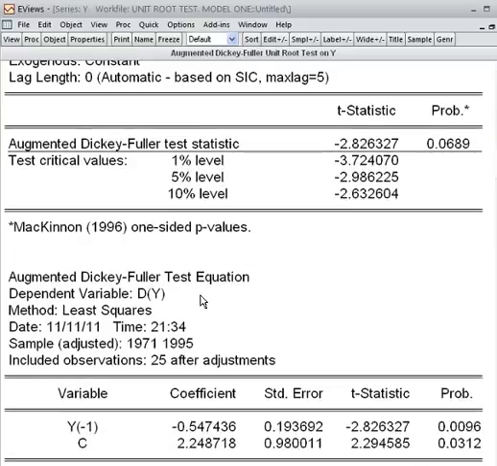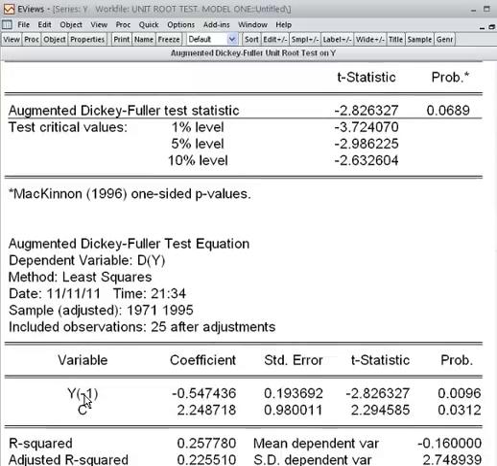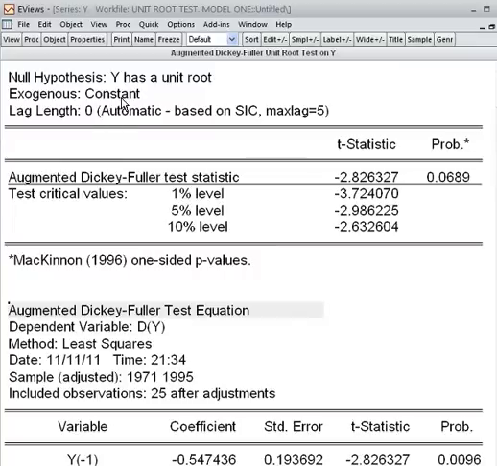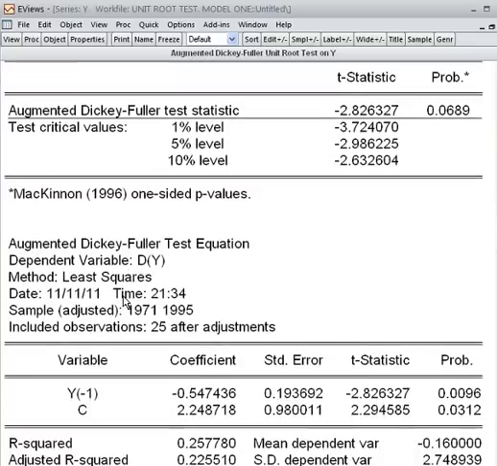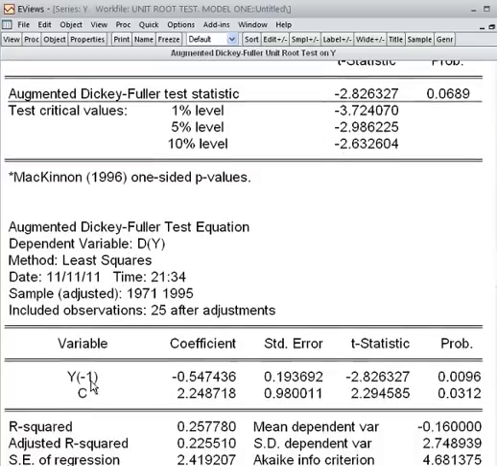Okay, but one thing, make sure of the coefficient. What is this part? This part is actually the augmented Dickey-Fuller test model, right? And this model has only intercept, as I told, right? You see, the model has only intercept. And make sure the coefficient of this variable is negative, right?